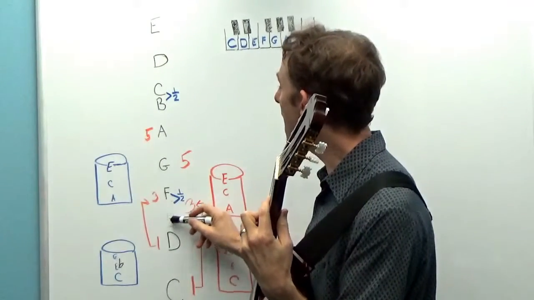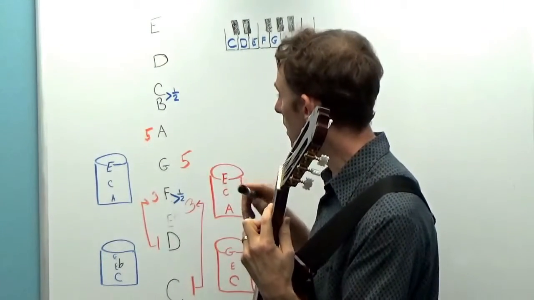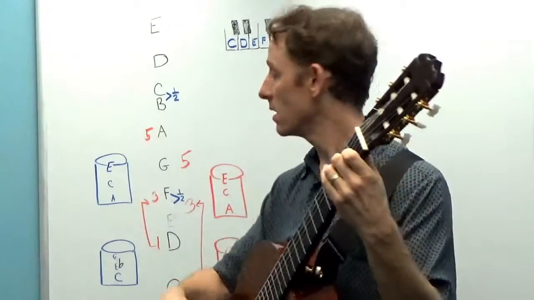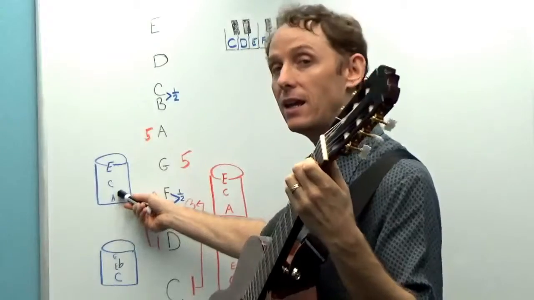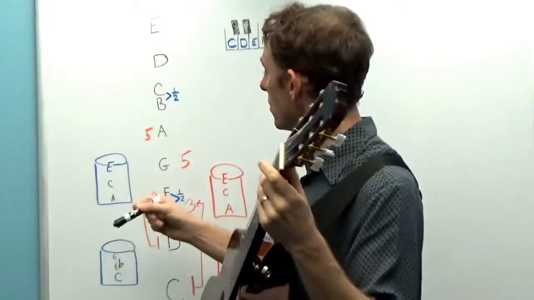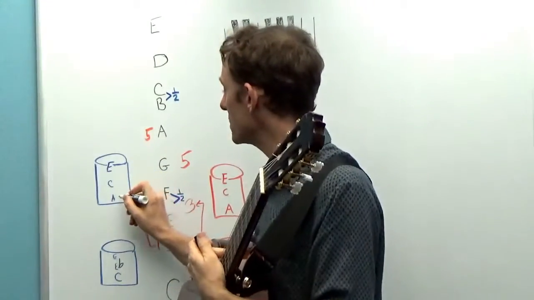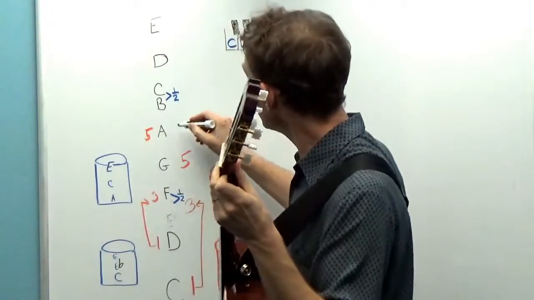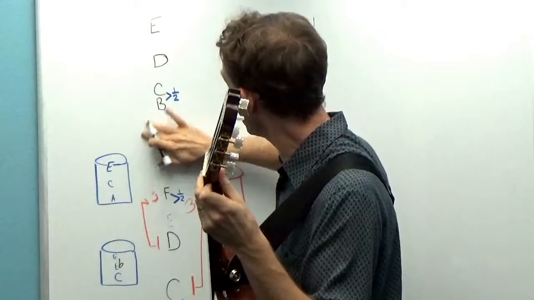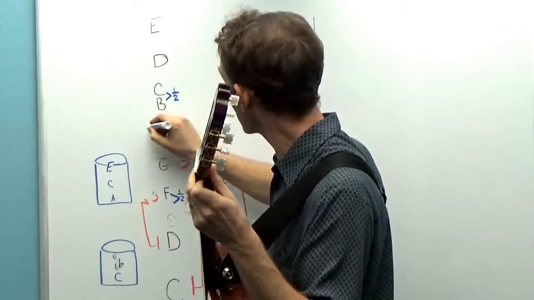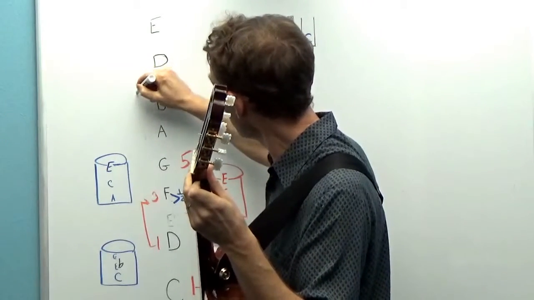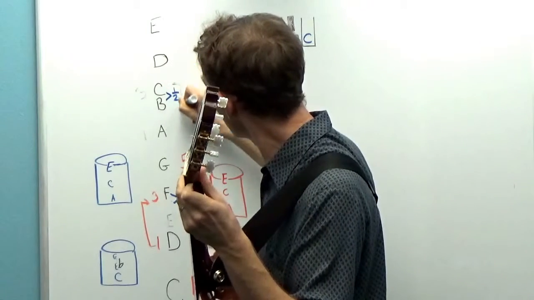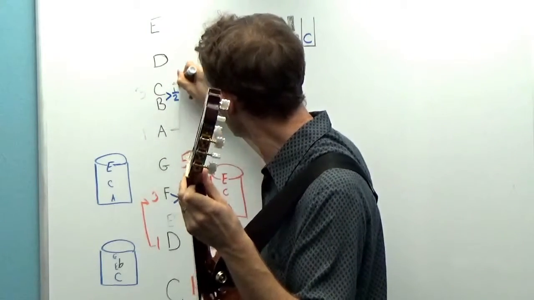C, E flat, G. Some chords, just using natural notes, already have a minor third between the first note and the third. For example, A, C, E. The distance from A, let's call that our root or our 1, to C is going to be a minor third.